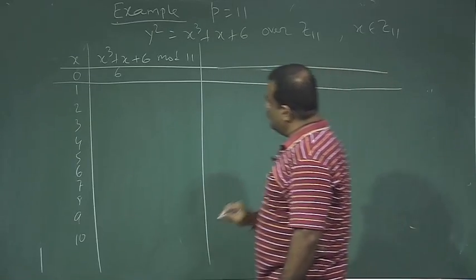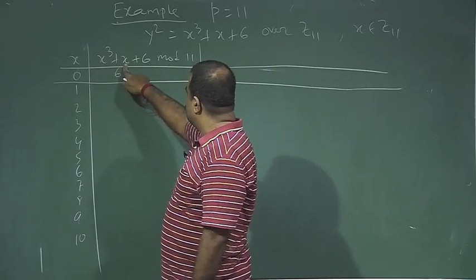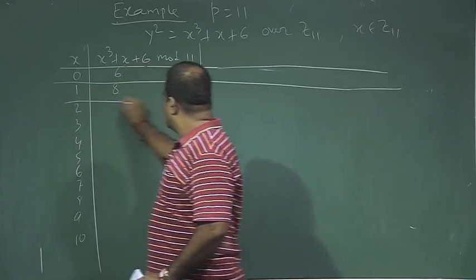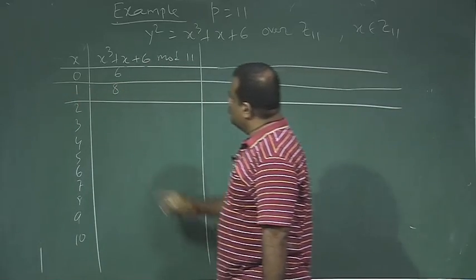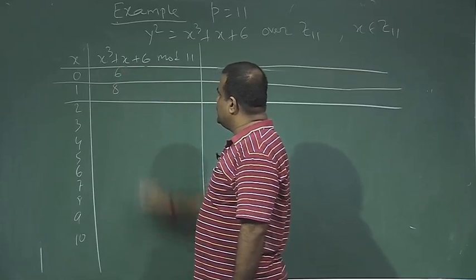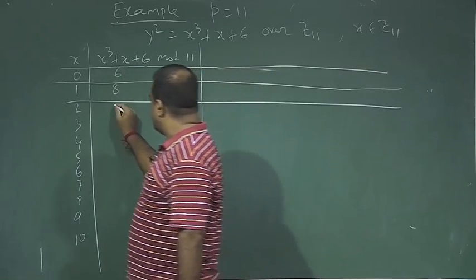Okay. So, now if you put a 1 over here, this is 1 plus 1, 2, plus 6, it is basically 8. If you put 2 over here, 2 cube 8 plus 2, 10 plus 6, 16, 16 mod 11, this is basically 5.